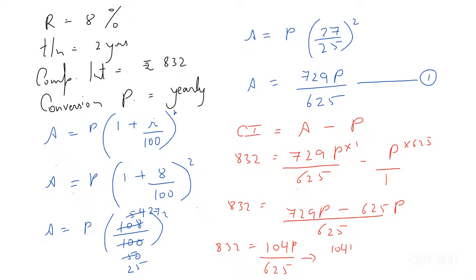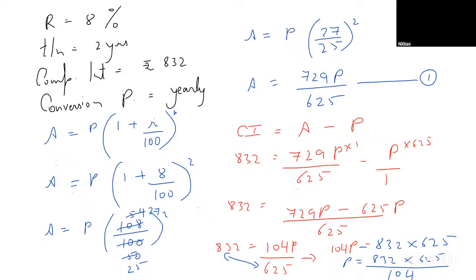Now next, these two things I can cross multiply. So it becomes 832 into 625 equals 104P. Now for finding P, I can do 832 into 625 by 104.